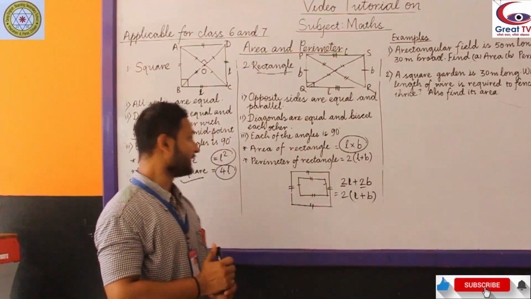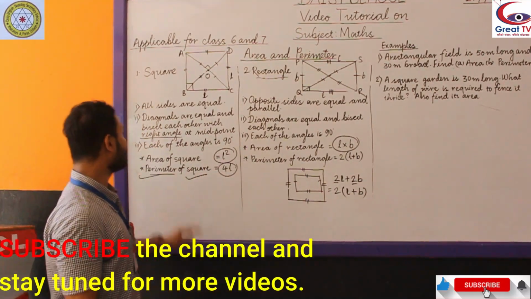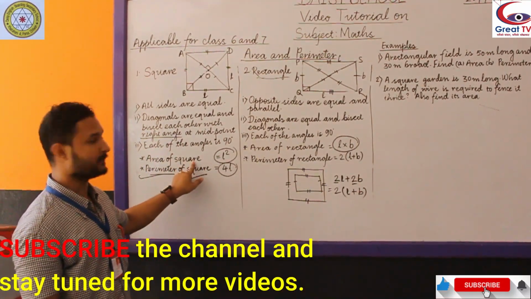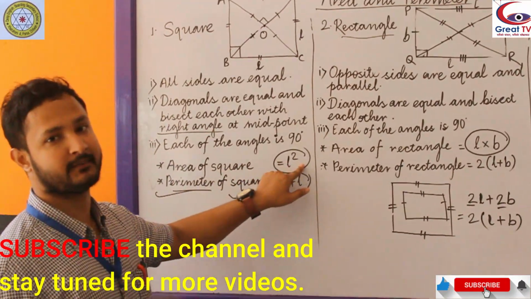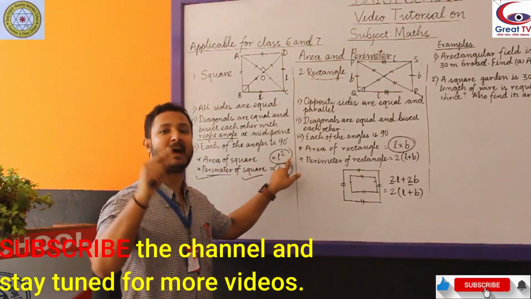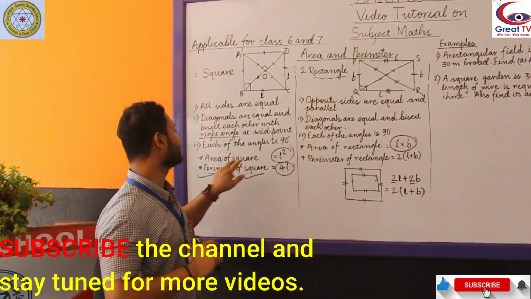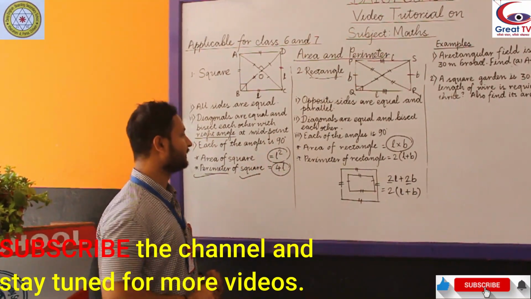Okay, that's great. Once more I would like to revise. The formula to calculate the area of a square is L square. It means L multiplied with L. When L is multiplied with L, we get the area of a square, that is L power 2 or L square.